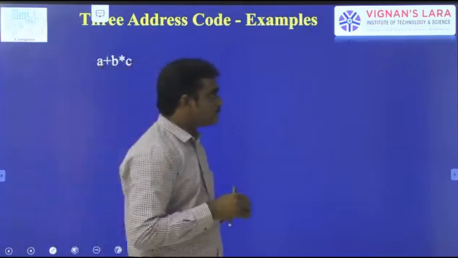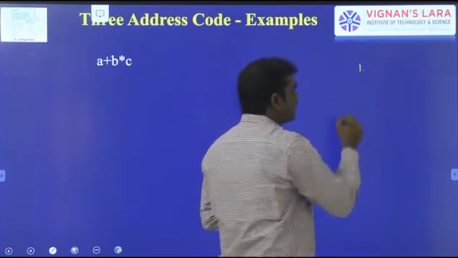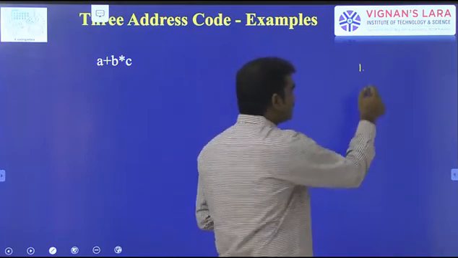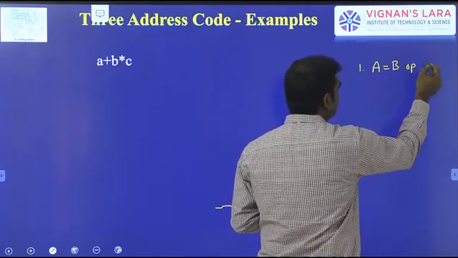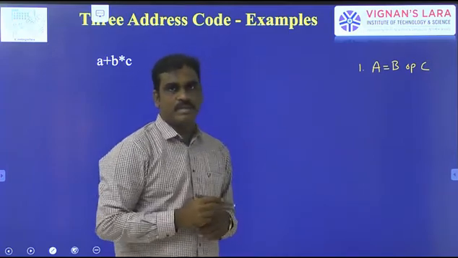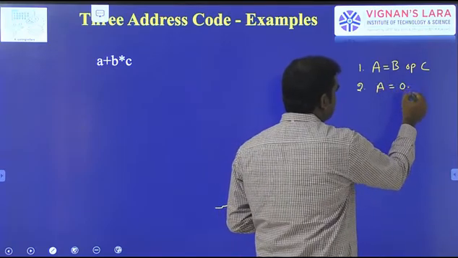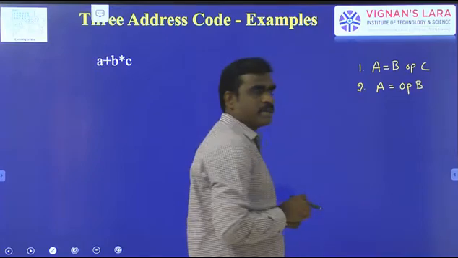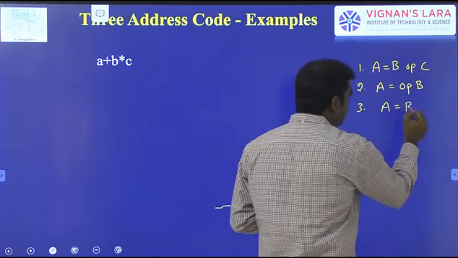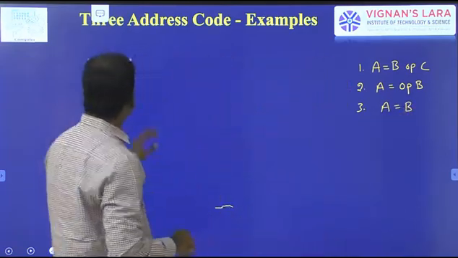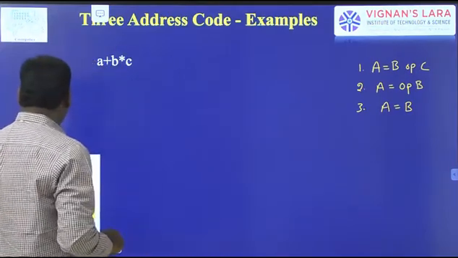For example, take the first three address code statement like A equal to B operator C. Another one is A equal to operator B. And one more is A equal to B. Because this is a very small statement, A plus B star C.